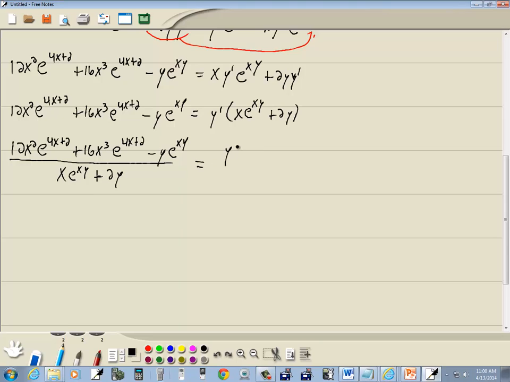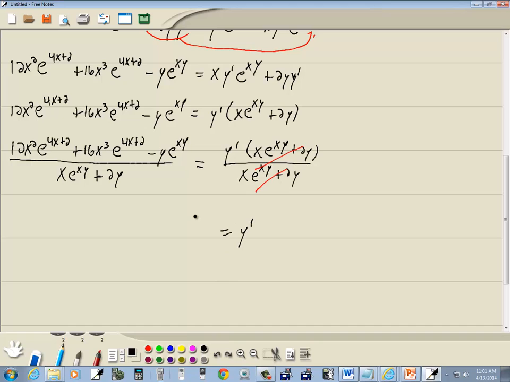And same thing on this side. So divide both sides by the same thing: x e to the xy plus 2y. Now over on the right side here, that's going to cancel with that.